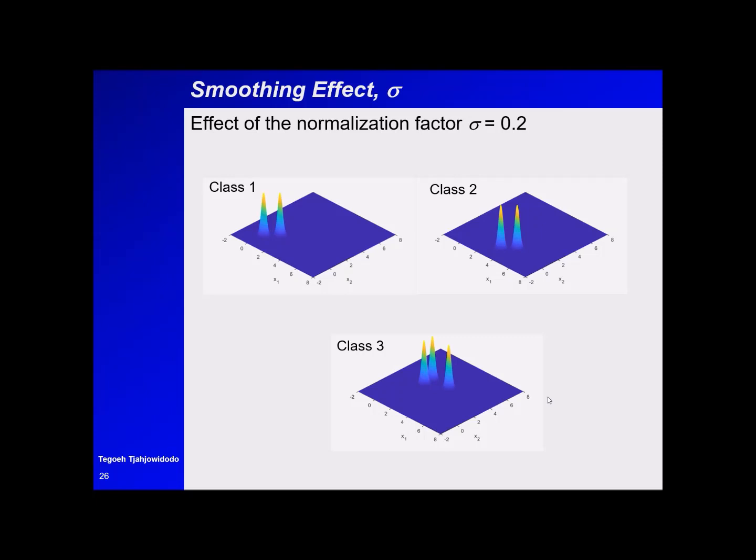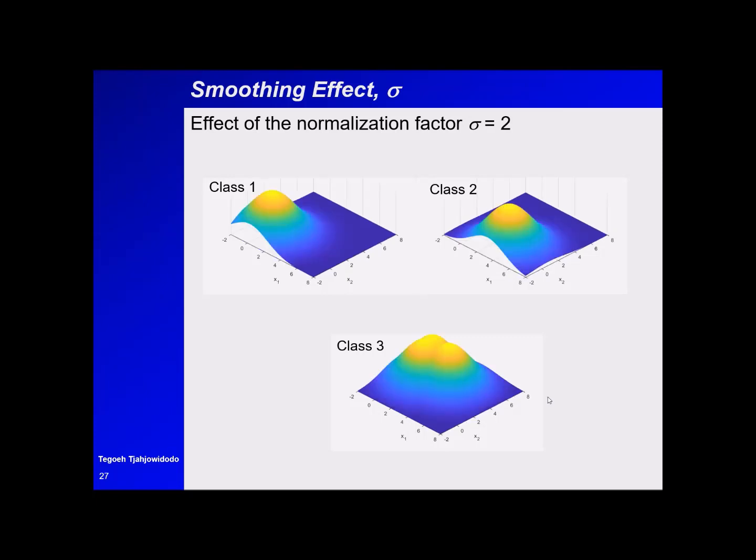As well as if you take too large a sigma, then you only see one normal probability density function in each of the classes, especially in our example here, for class 1 and class 2, we only see one joint probability density function.